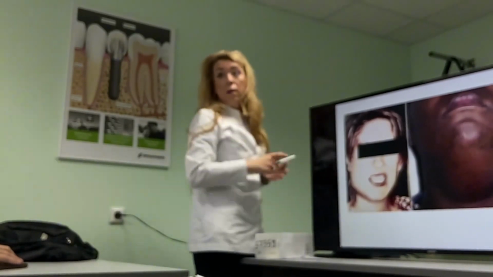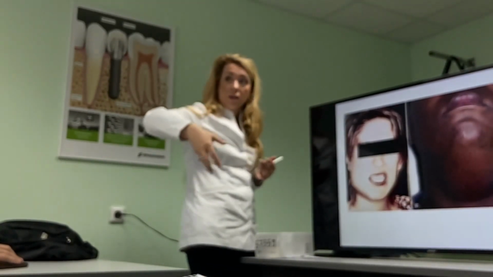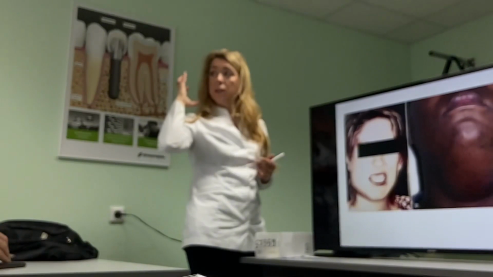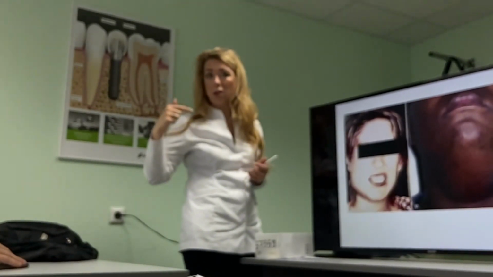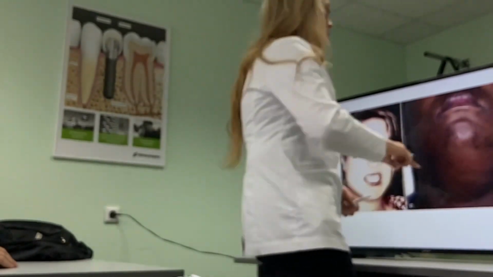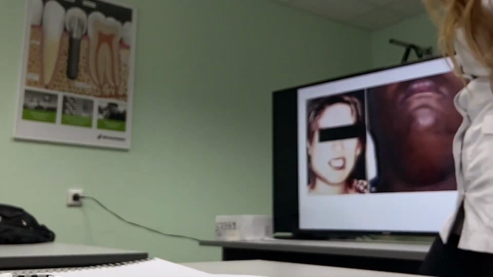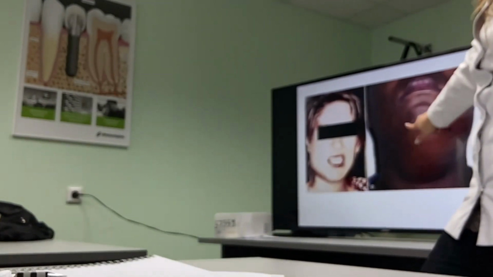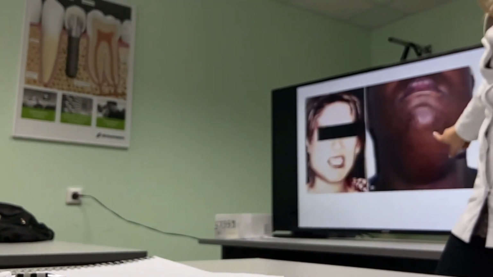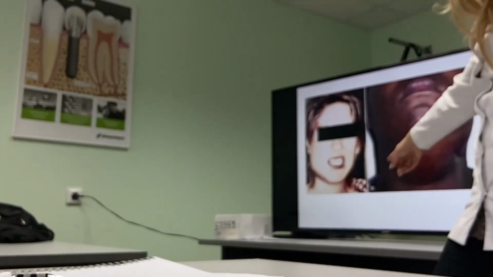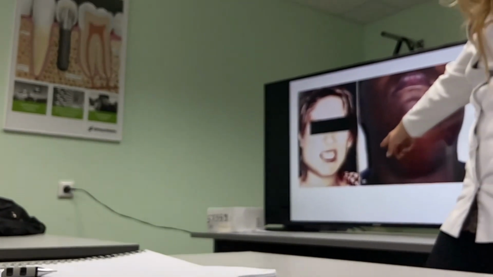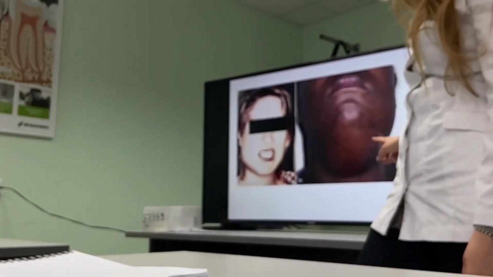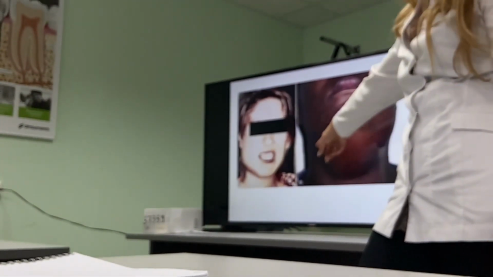Because the elasticity changes, the position of the operative access changes. That's why it is very important to palpate the lower jaw to understand where the level is, and from this we go 2.5 centimeters deeper, and the operative access will be from one angle to the other angle of the jaw.